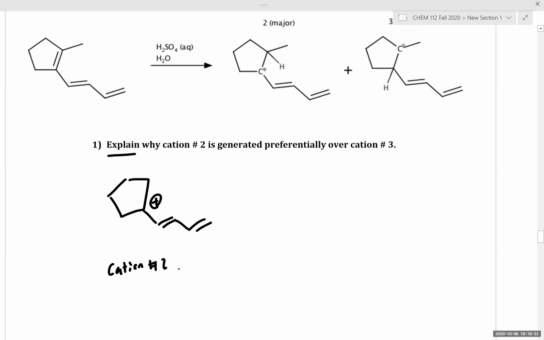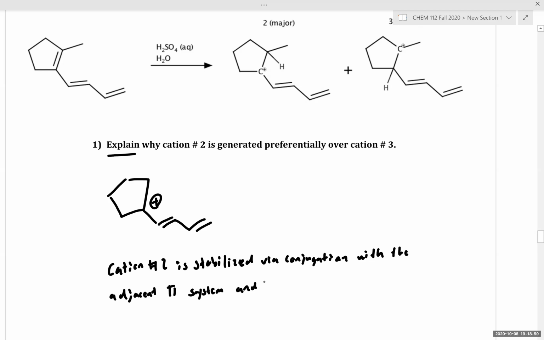Cation number 2 is stabilized via conjugation with the adjacent pi system. And cation number 2 is stabilized and delocalized via resonance.